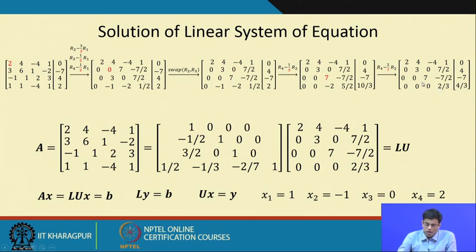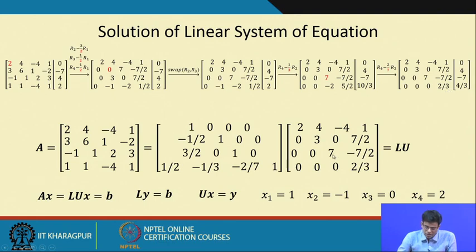The L matrix essentially consists of these pivot multipliers, which we use to make the row operations, finally making the matrix upper triangular. So, L consists of all such factors, and U consists of the matrix which we finally obtain.